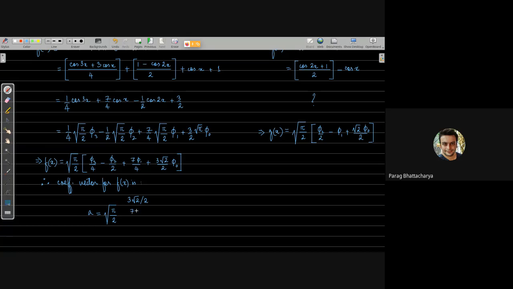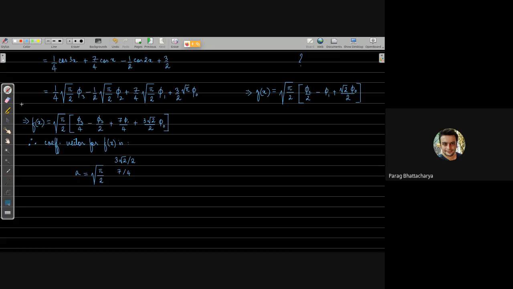Next one, the coefficient of phi 2 is minus 1 by 2. And the last one will be 1 by 4. So we get this as the coefficient vector.